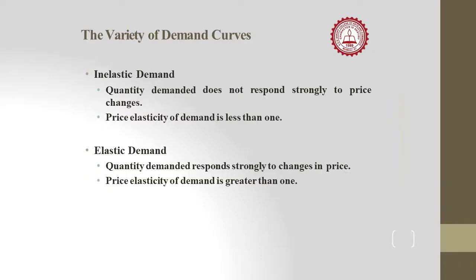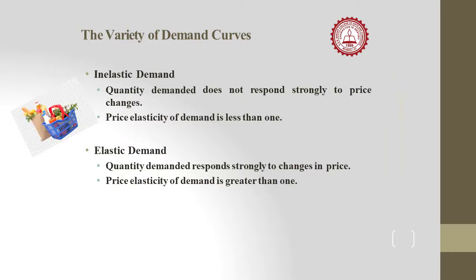The usual demand curve is a downward sloping linear line. However, the variety of demand curves can be classified into inelastic demand curve or even an elastic demand curve. Under inelastic demand, the quantity demanded does not respond very strongly to a change in the price. The price elasticity of demand is usually less than 1 in such cases.